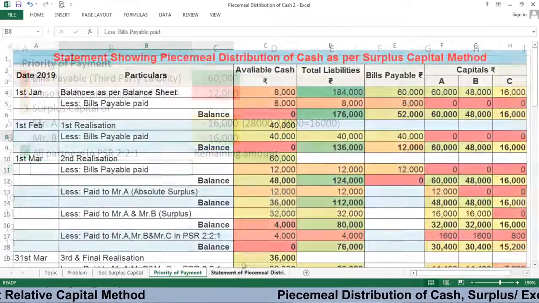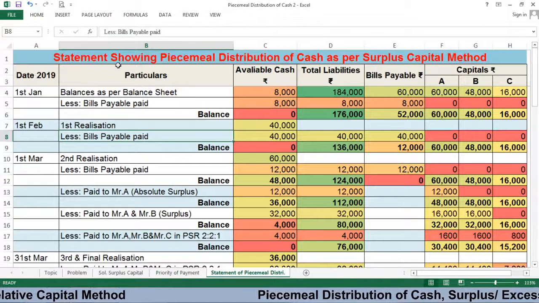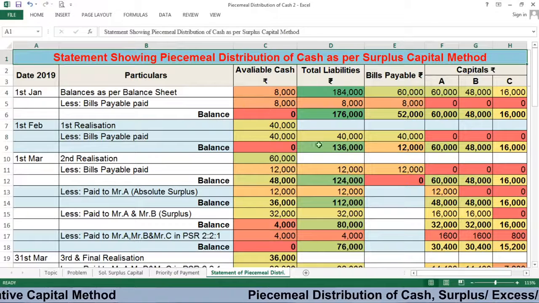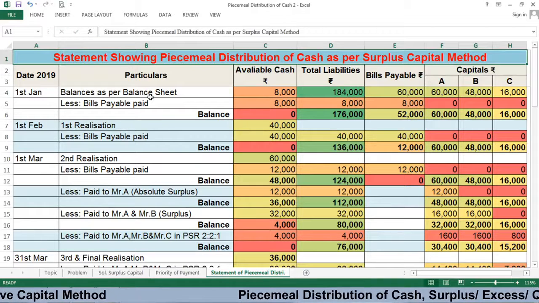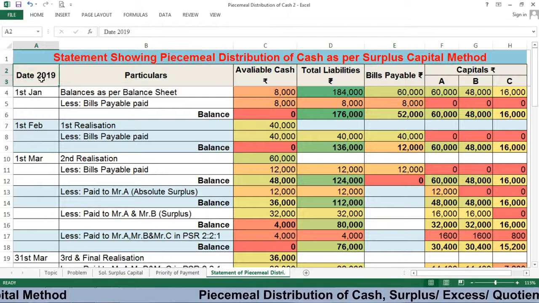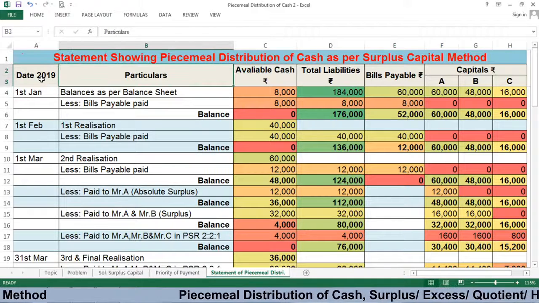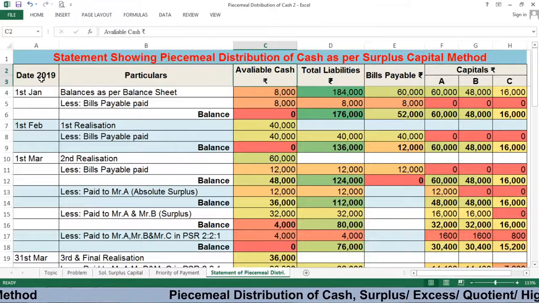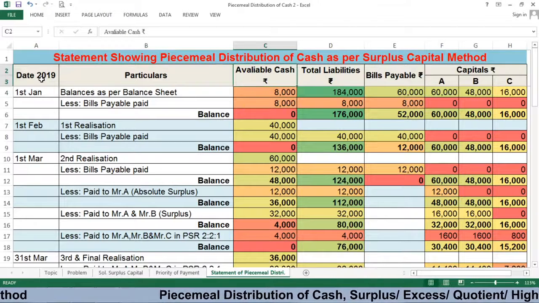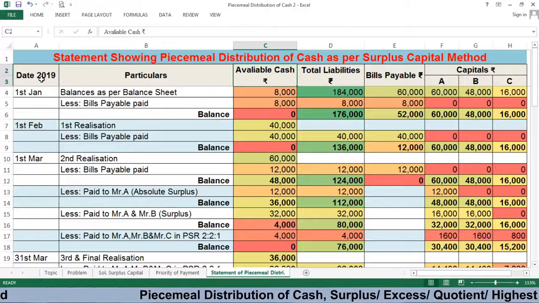After that we have to calculate our statement showing piecemeal distribution of cash. Here you can see a full ready-made statement of piecemeal distribution of cash. In this, first of all, you have to prepare a statement with one column, that is date, second is particulars, third is available cash, that means how much cash you have available in your pocket at the time of dissolution of your partnership firm.